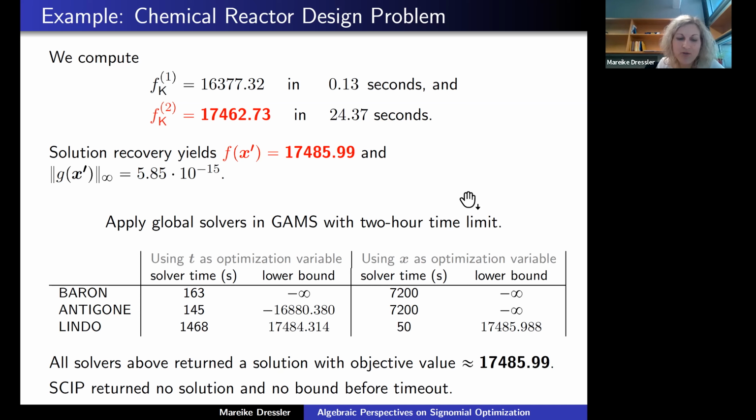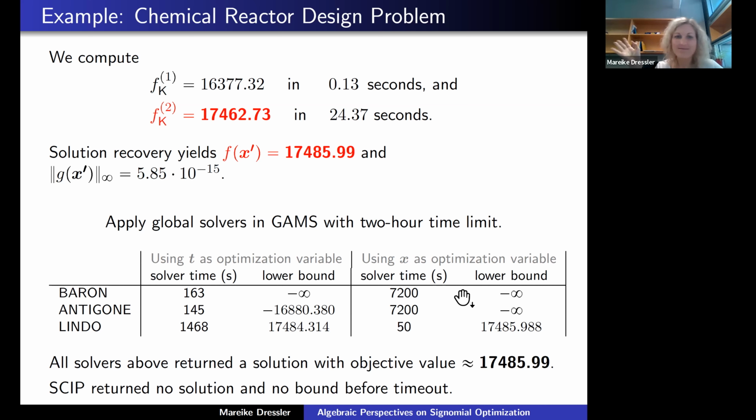So we see that the A-degree 2 SAGE relaxation solves our problem with, I would say, 1% relative error. And clearly one can now apply global solvers from the nonlinear optimization community in GAMS for that.